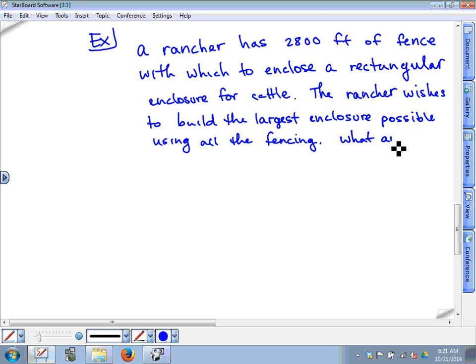What are the dimensions that yield the max area? So what's the exact length and width that this rancher needs to build this enclosure that would yield the maximum area?